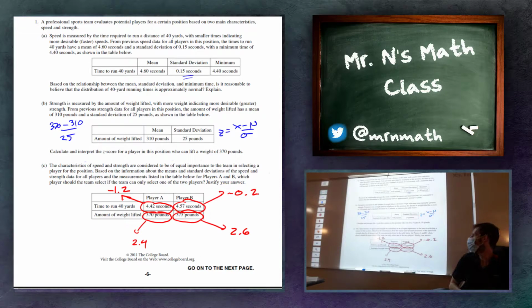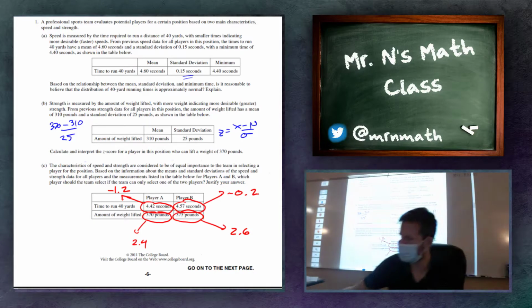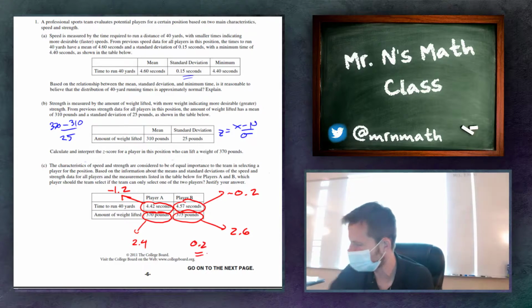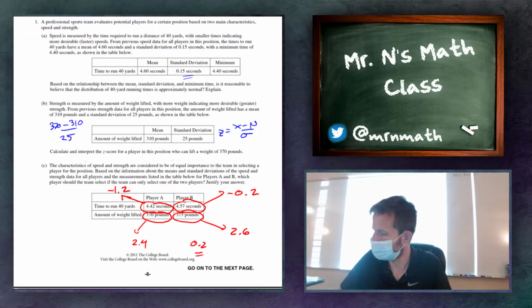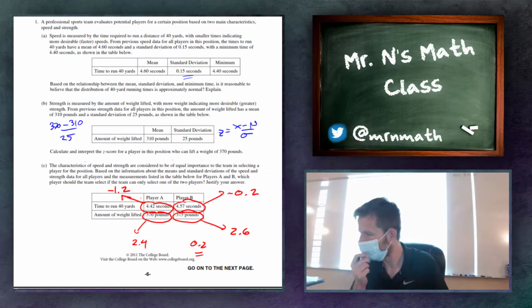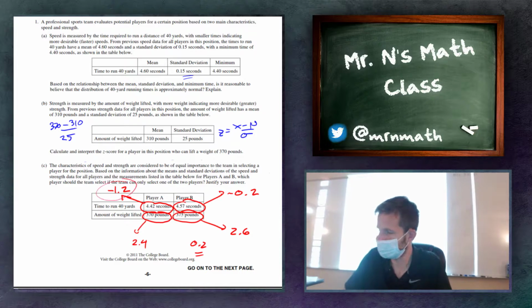Do we want player A or B? A. Why? Because the difference in the z-scores for speed is greater than the difference in the z-scores for weight. The weight wasn't that much. Yeah, so here, they're both significantly stronger than the average, right? But player B is only 0.2 standard deviations stronger than player A. And for speed, player A is much faster than average.